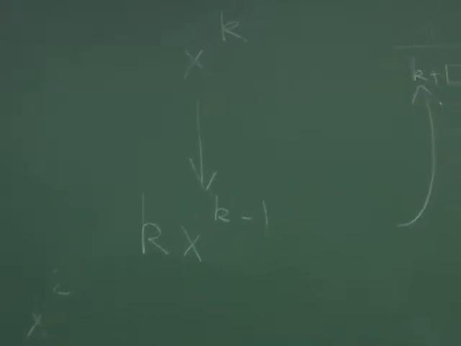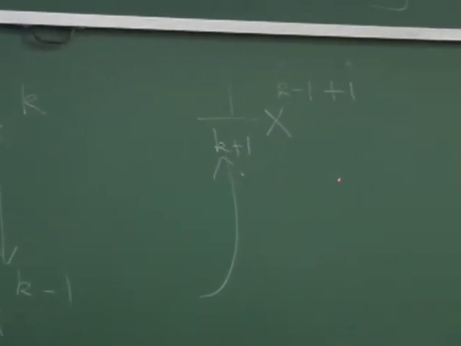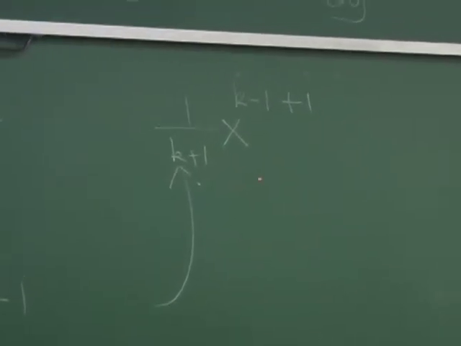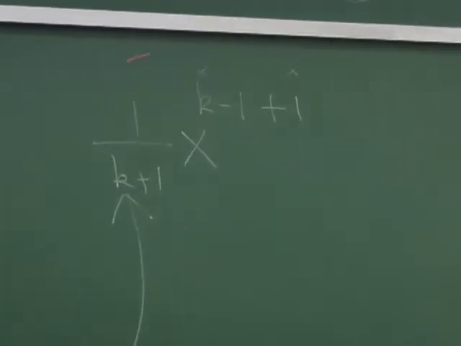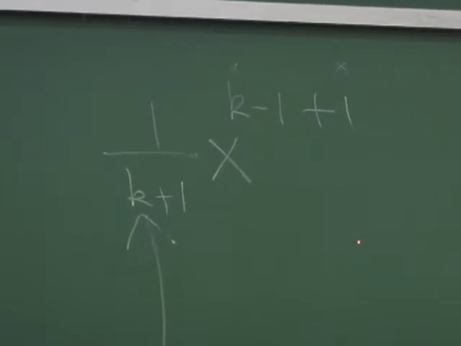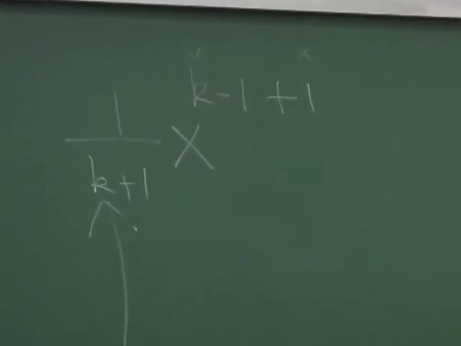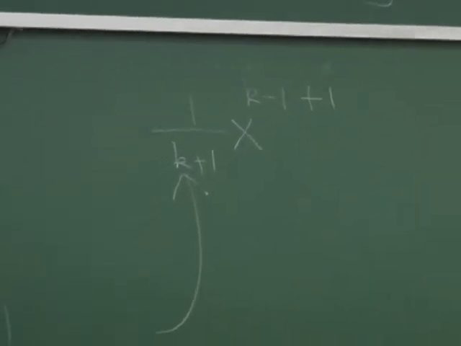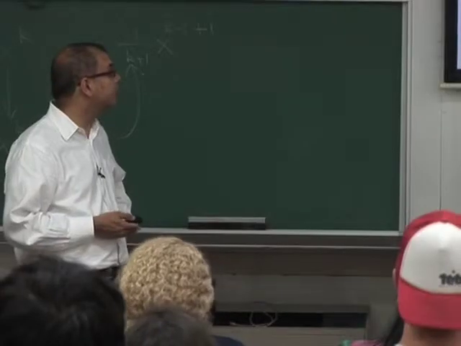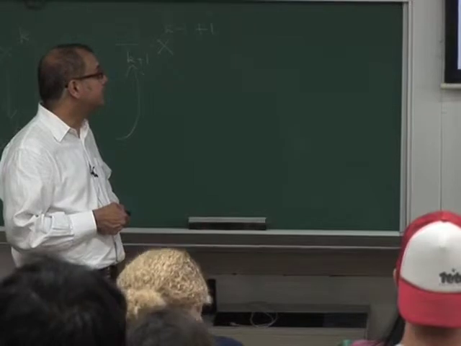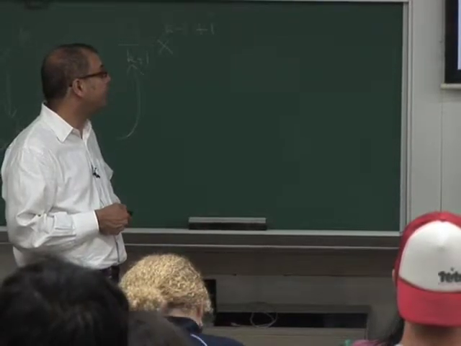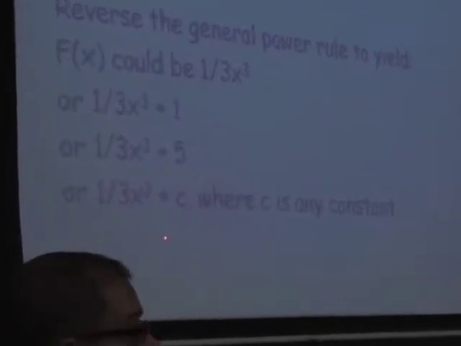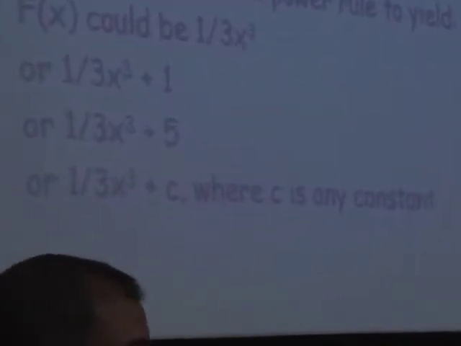So when I reverse and go to the antiderivative, I have to keep in mind that whatever I get as an antiderivative, there's plus some constant which I do not know. It could have been any number that started out, a 5 or a 1. And we denote that the constant of integration.